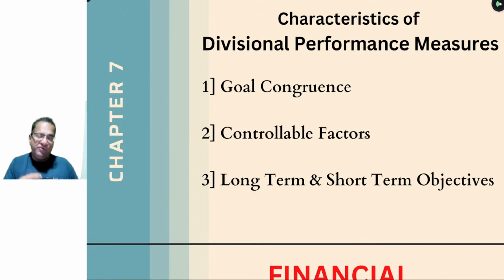But if the cost is borne by that particular department, but the decision or the incurrence of that is not to be taken by that department, and the expenses are apportioned to that department, then that cost is known as uncontrollable cost. So all the transactions which are controllable from the viewpoint of a particular department should alone be considered while measuring the performance. Uncontrollable cost should be eliminated from deciding the performance measure.